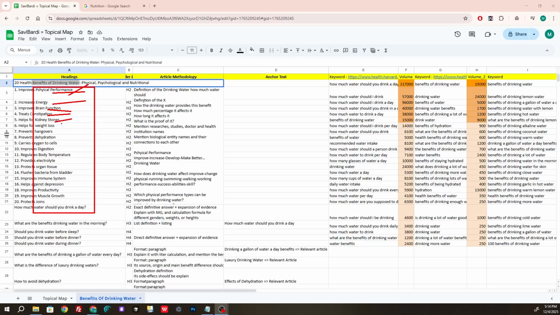Here, basically, we could say it decreases weight loss, but decreases is a negative predicate, so we use here it helps with weight loss. That makes a positive sense. Next are hangovers, dehydration, oxygen to cell, digestion, body temperature, electrolyte, organ tissue, bacteria from bladder, immune system, depression, productivity, muscle growth, and joints.